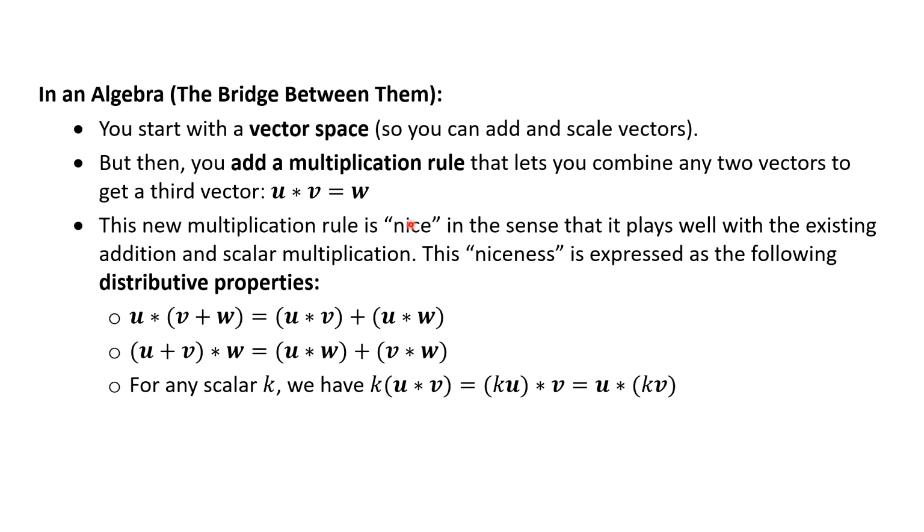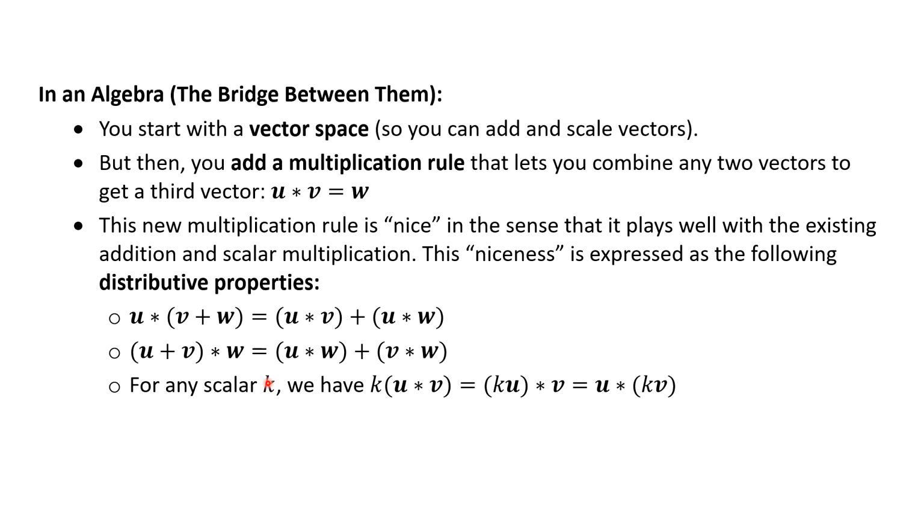So what did I mean by nice on the previous slide? Well, there's three properties that need to hold true here. They're basically distributive properties. So this multiplication we're defining for the algebra, if you take a vector u times v plus w, you can distribute it this way, and then you can distribute it on the right. We have w times u plus v, and you get this here.